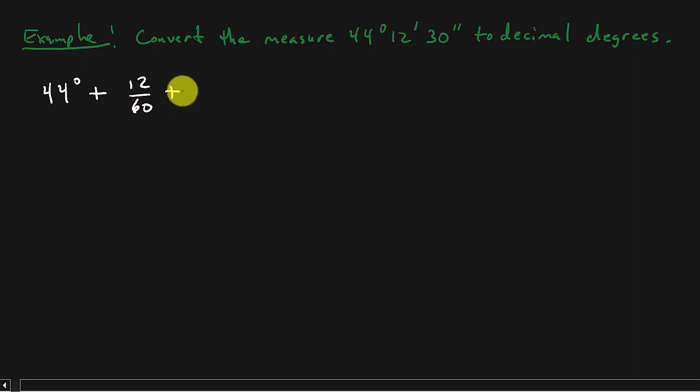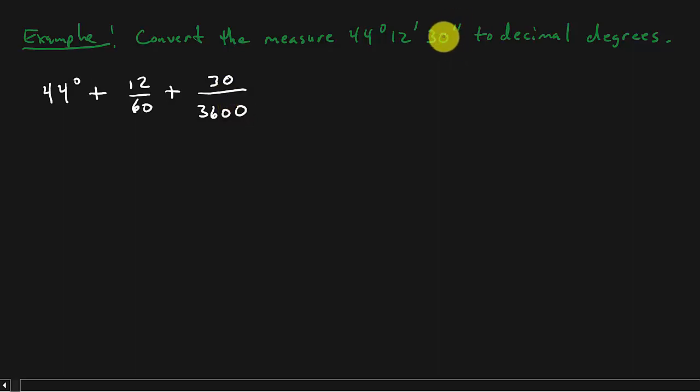Plus, and then I've got 30 minutes. So I've got to convert minutes to degrees. So that's going to be 30 over what? 3,600.